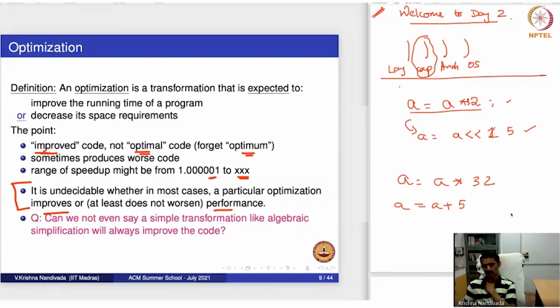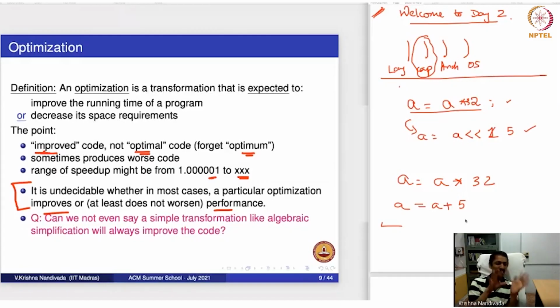The instruction name used to be mul by 2 and add. So if you have these two instructions, maybe I may be able to do these two together using an efficient instruction called mul add. But if I first replace this with A equal to A left shift 1, I won't even do this transformation. Maybe it's not great. Maybe because of this transformation, some other instruction scheduling or some other optimization got negatively affected.